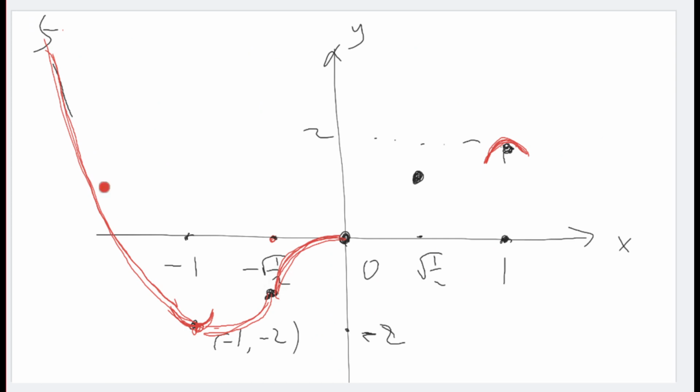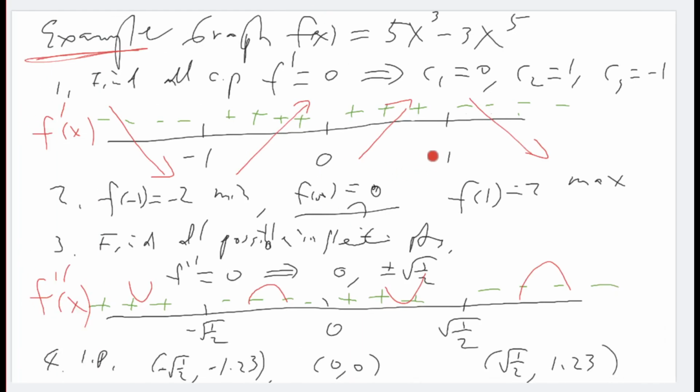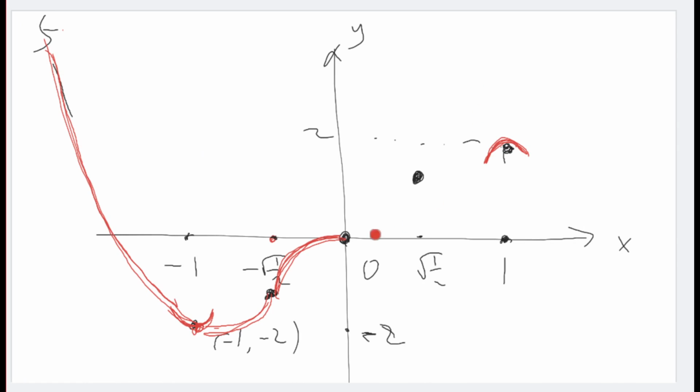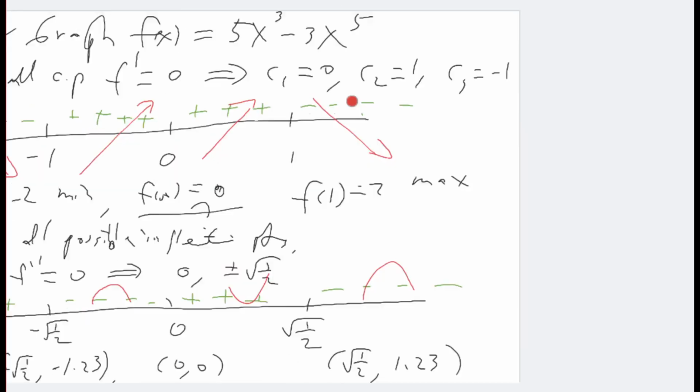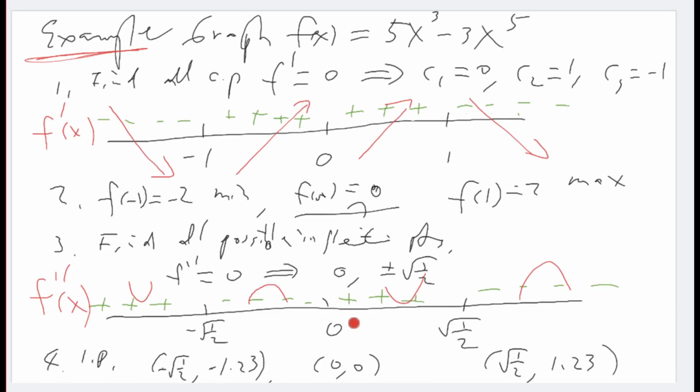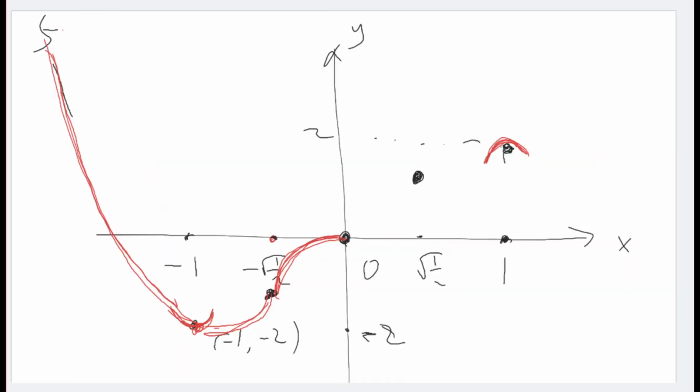Similarly, between 0 and 1, the graph is going to increase. It's going to increase in such a way that the graph will be concave up from 0 to square root 1/2, and then on the other side of square root 1/2, the graph is concave down. Therefore, we do concave up, concave down.